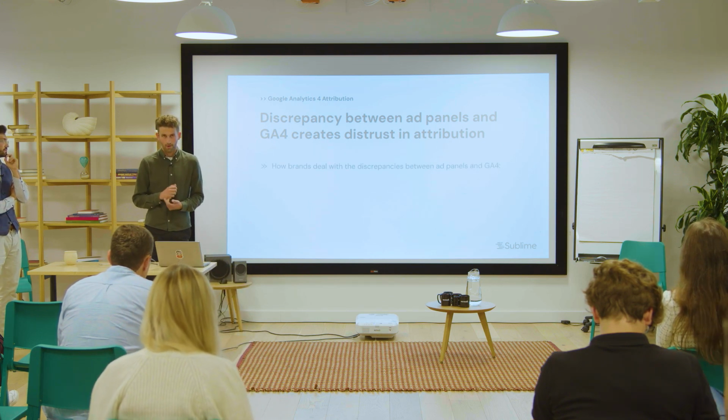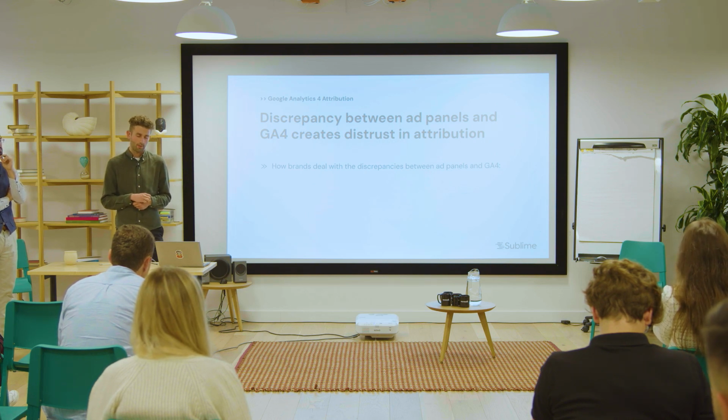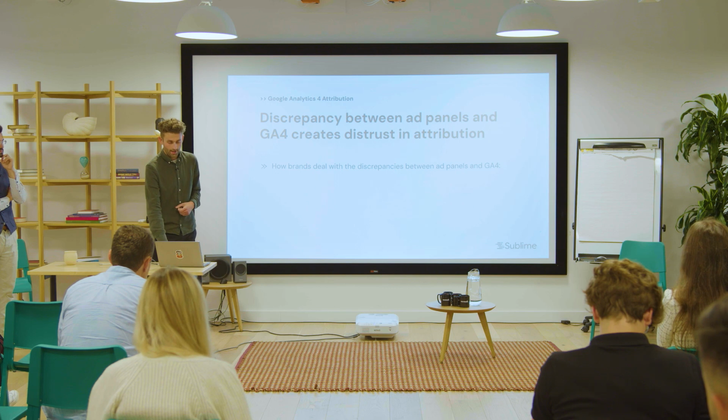We see that brands face that problem and have a few ways to deal with this. One way is to take something in the middle. So if one tool is showing a number that is this high, and the other is showing a number that is this high, let's take something in the middle, and maybe this will be the safest way.